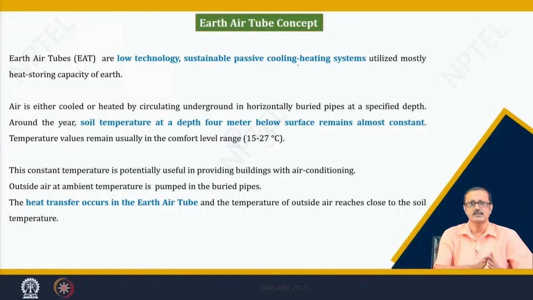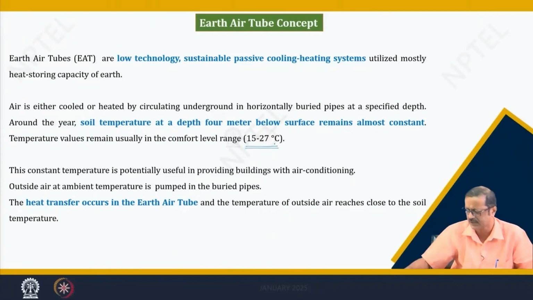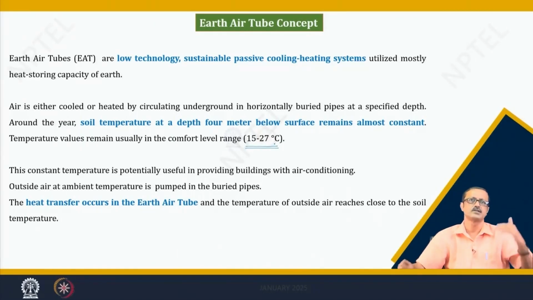That constant temperature will be about 15 to 27 degrees, depending upon many things, like the normal outside temperature, the soil and moisture content and other factors, but it will remain almost constant throughout the year.